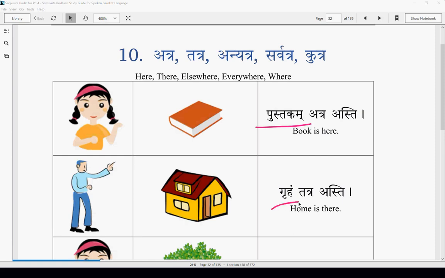Or gruham. So they are all ending in this. So these are neuter words that we are studying. But definitely there are other words in the Sanskrit language which are neuter, napunsakalingam, but they may end in some other syllable.